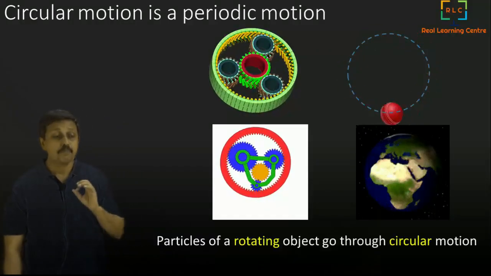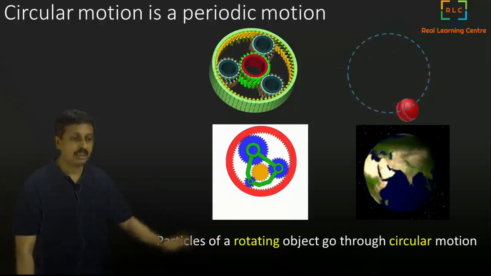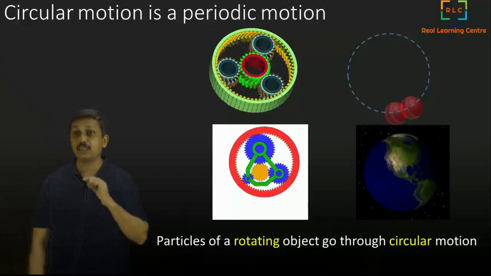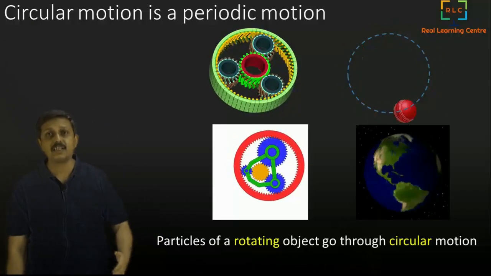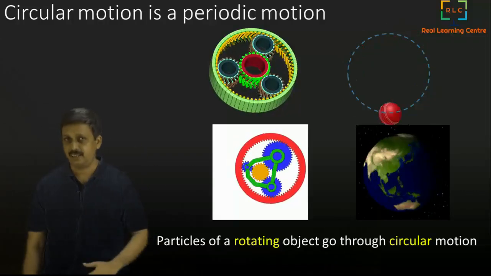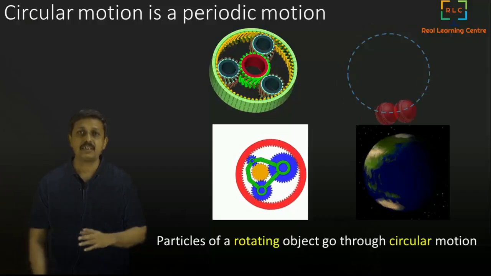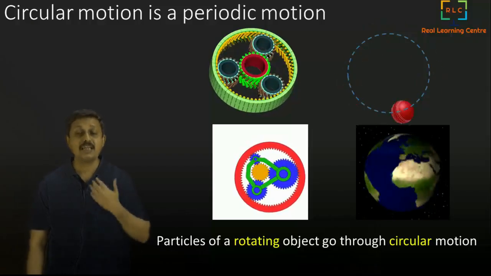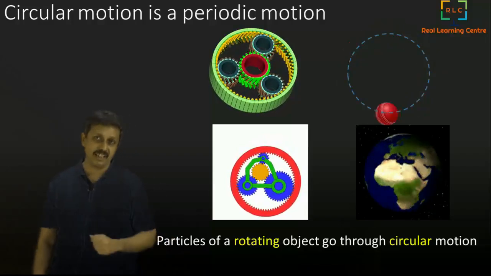So the particles of any rotating object go through a circular motion. Hence, if we study circular motion, we can apply that to rotational motion as well. Though rotational motion and circular motion are different, they work on the same principles. So let's look at circular motion in more detail.